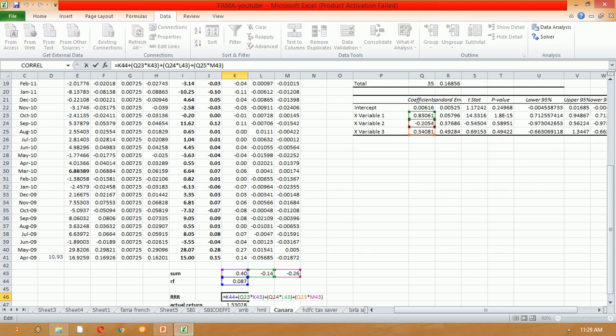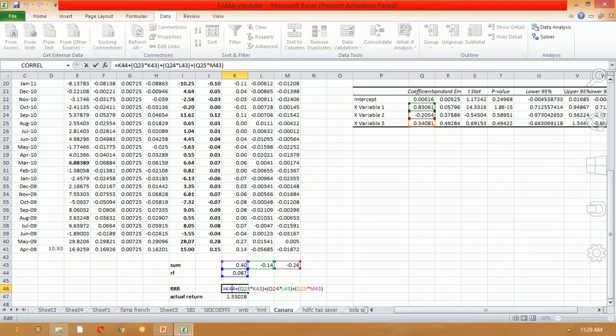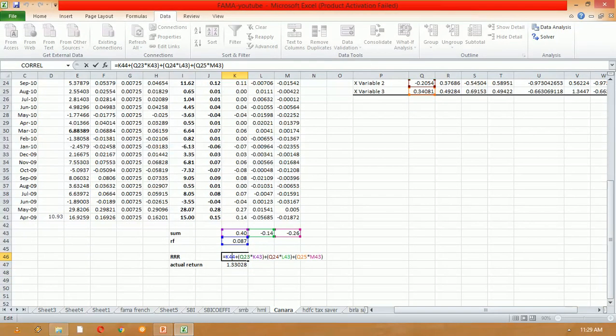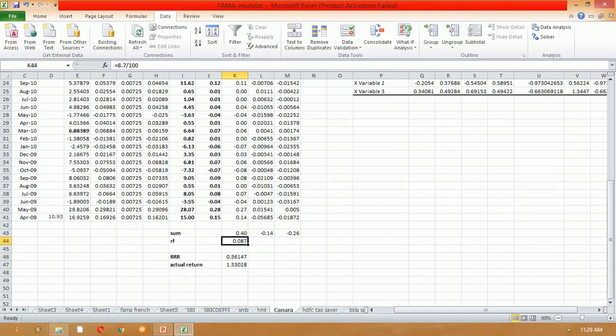This is the formula: risk-free rate plus coefficient of Rm minus Rf into the market premium, and again SMB and HML. So this is the formula. After that come the coefficients of SMB, HML and Rm minus Rf. With this we have to add the risk-free rate of return. So this is the required rate of return, that is the expected rate of return.